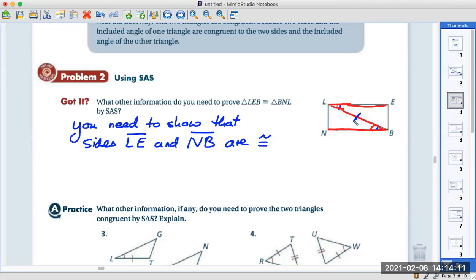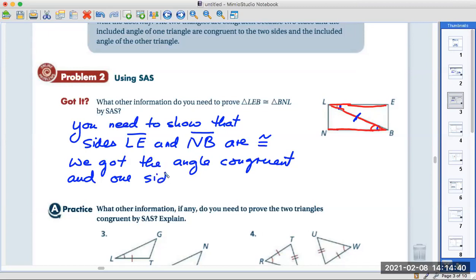The only one I know is LB is congruent to itself. We've got the angles congruent, and one side, which is LB congruent to itself.